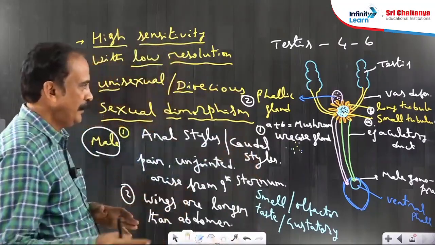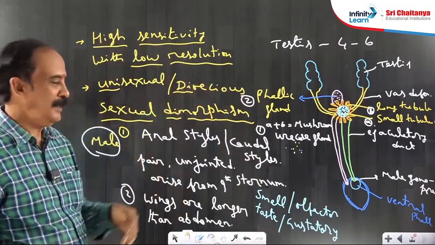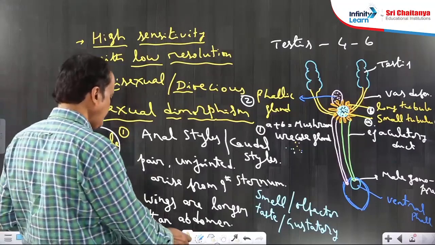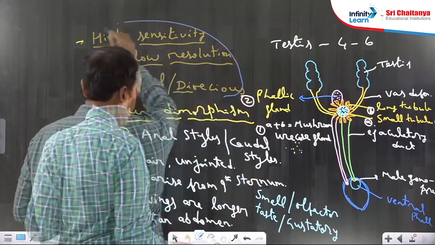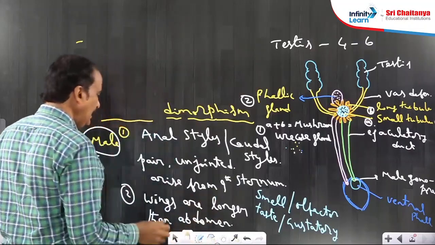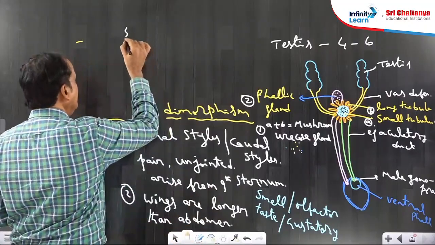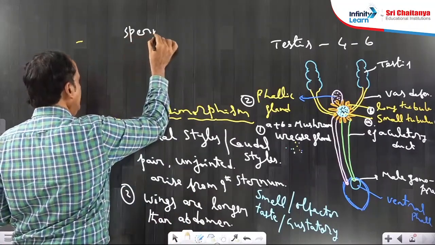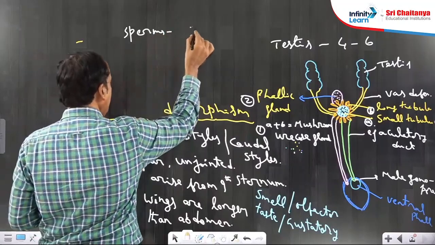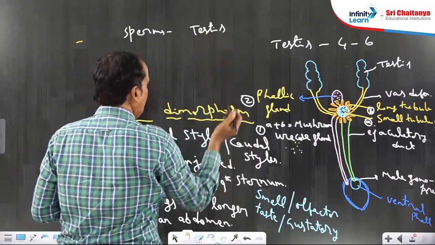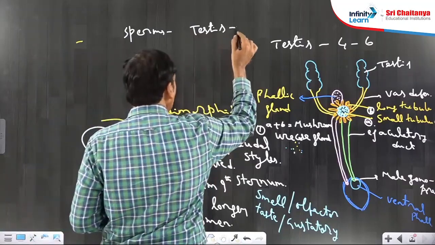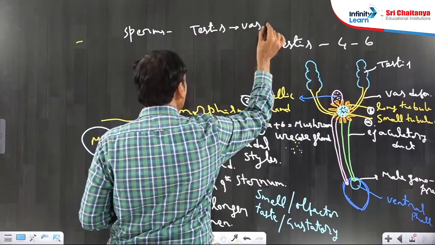So questions are framed on the structural connection between one reproductive structure and another. For example, the path of the sperms: they are produced in the testes. From there they pass on to the vas deferens.